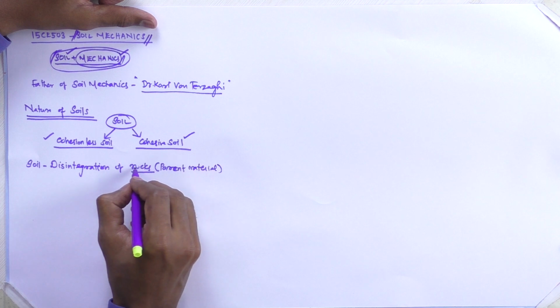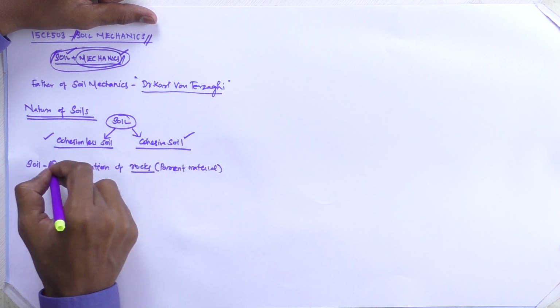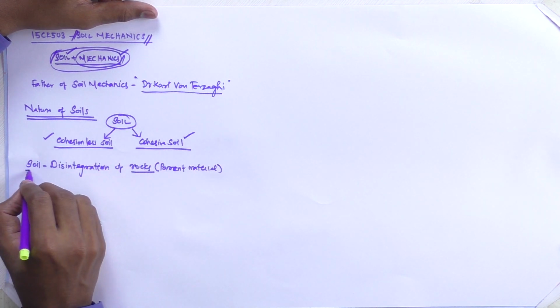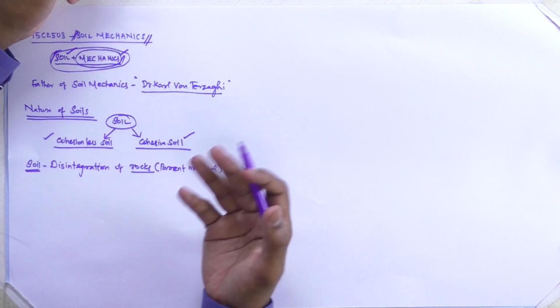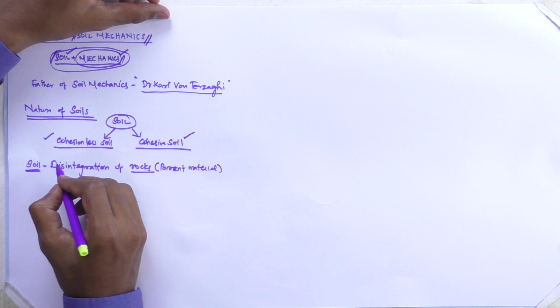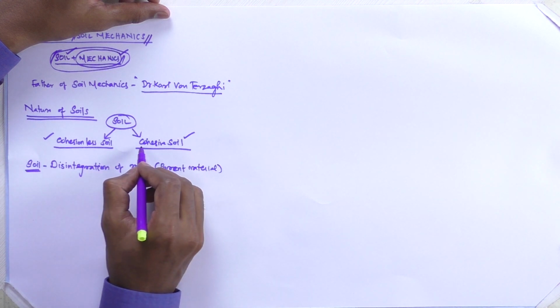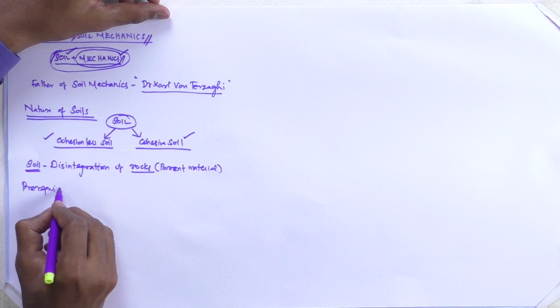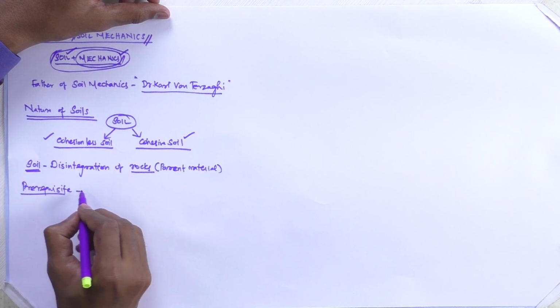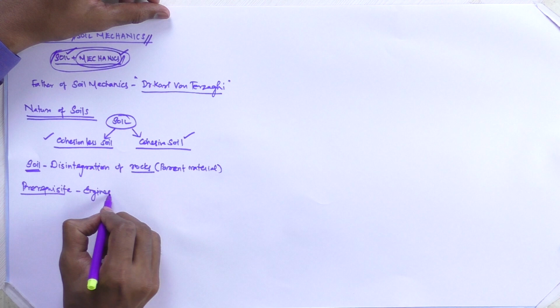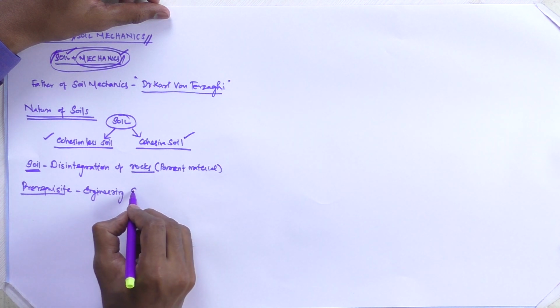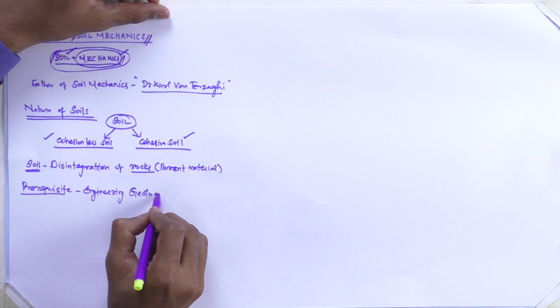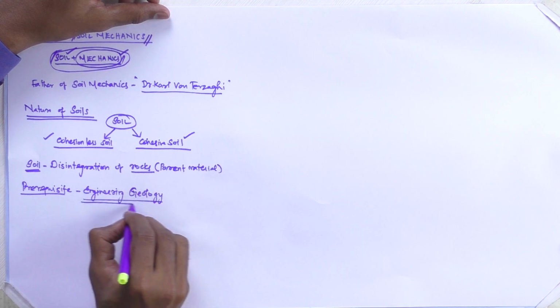When it is subjected to weathering processes, it will be disintegrated into rocks, into soil. So before going to this broad classification, let us look into the prerequisite, engineering geology.